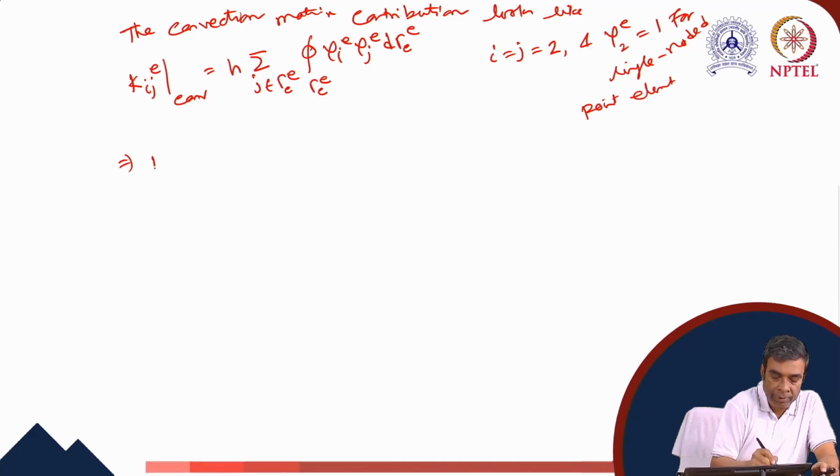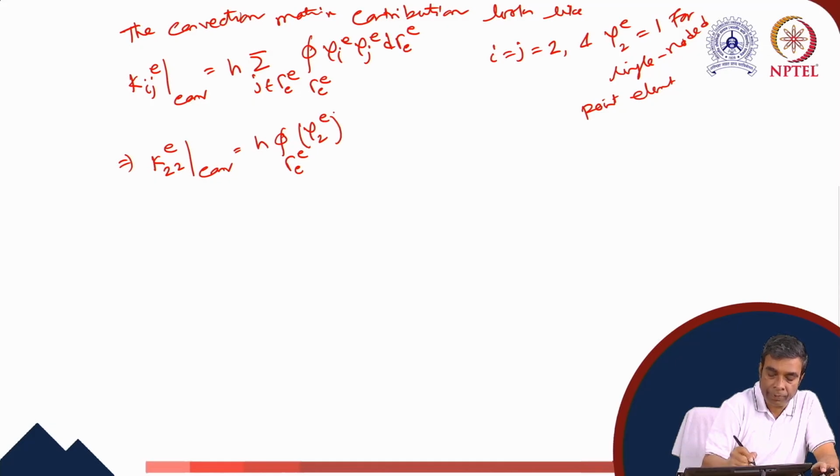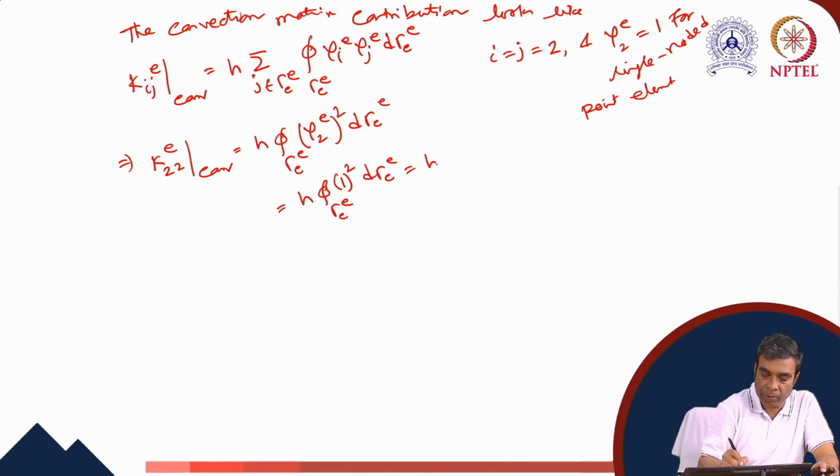This gives us k 2e convection equals h into the boundary integral over gamma ce of psi 2e whole square d gamma ce, equals h into the integration along gamma ce of 1 square, which is 1, d gamma ce, equals h into the cyclic integral of d gamma ce along gamma ce.